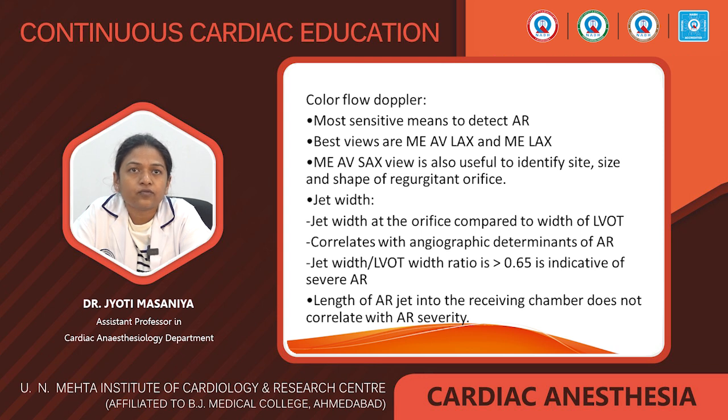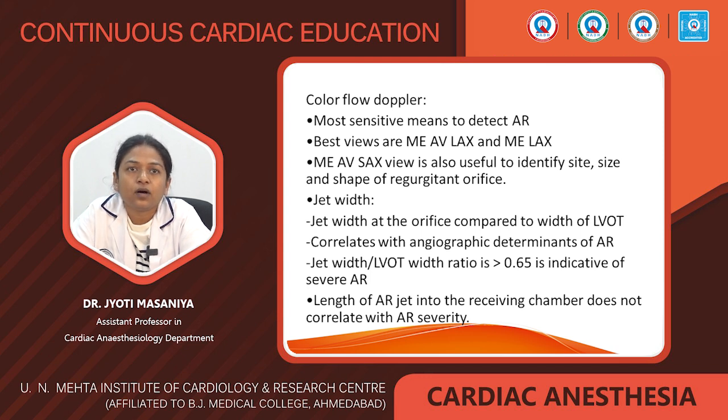The first technique for assessment of the severity of AR is color flow Doppler. Color flow Doppler is the most sensitive means to detect aortic regurgitation, and the best views are the mid-esophageal AV long axis view and the mid-esophageal long axis view. The mid-esophageal AV short axis view is also useful to identify the site, size, and shape of the regurgitant orifice.